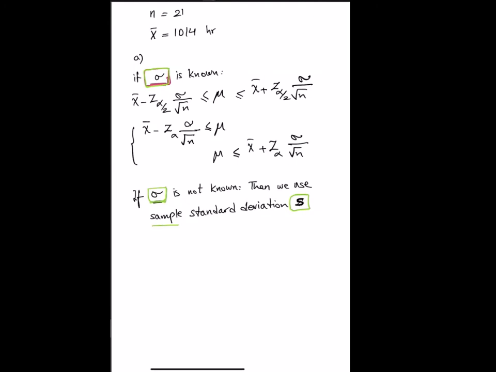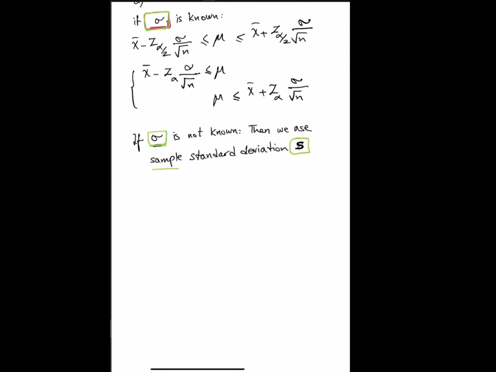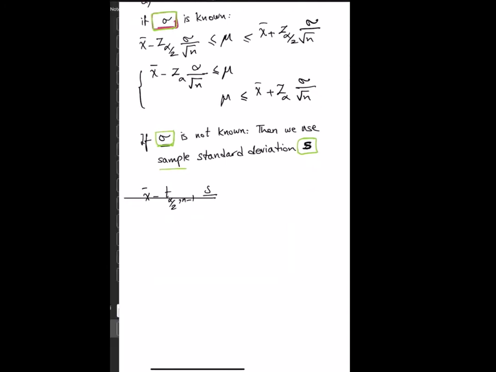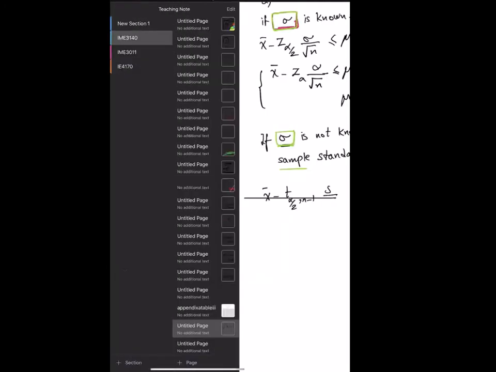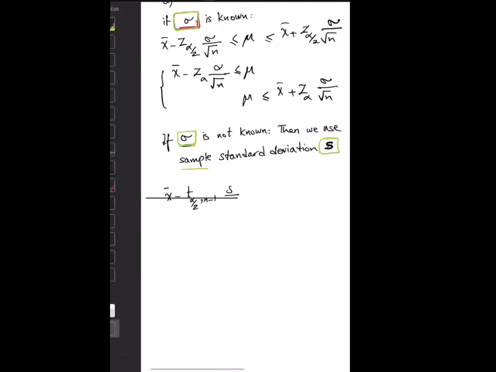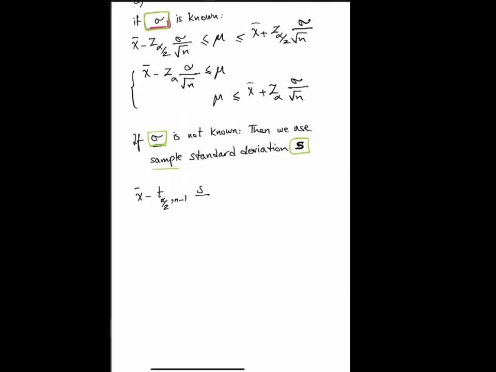In that scenario, the formula for the confidence interval is going to change, and it's going to be X bar minus t, s over square root of n.